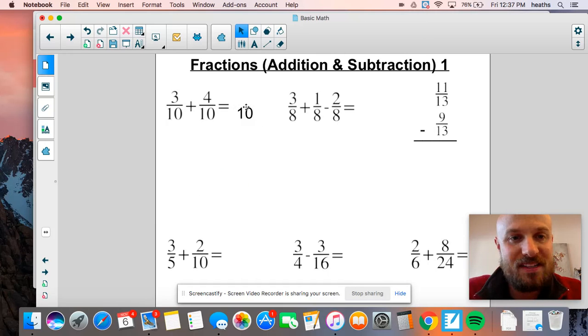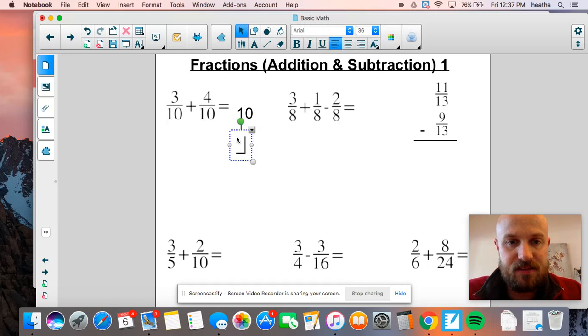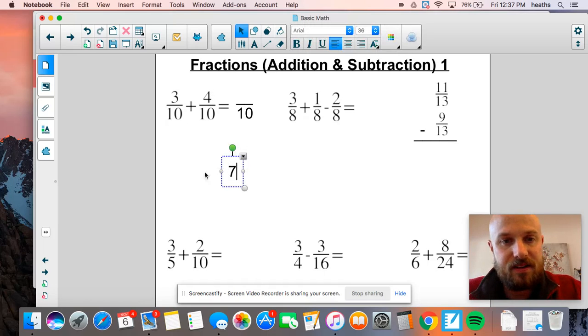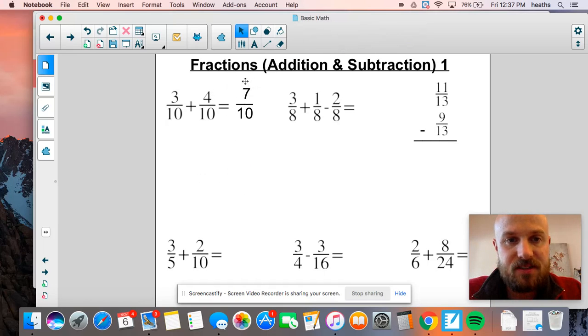Okay, so 3/10 plus 4/10. If we are working in tenths, our answer will be in tenths. So that's why I put a 10 below, and then you're going to simply add your top numbers. 3 plus 4 is 7, so 3/10 plus 4/10 is simply 7/10.